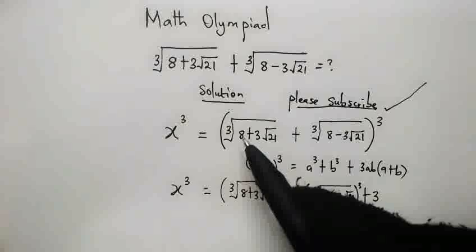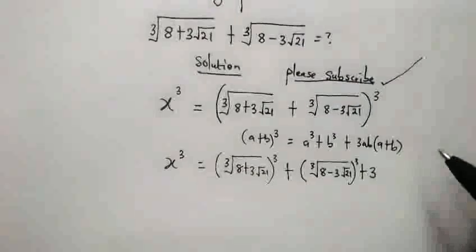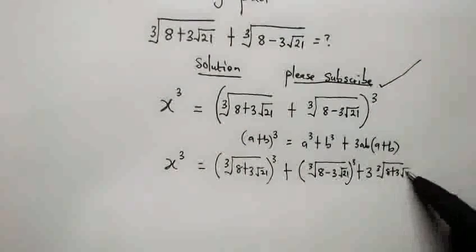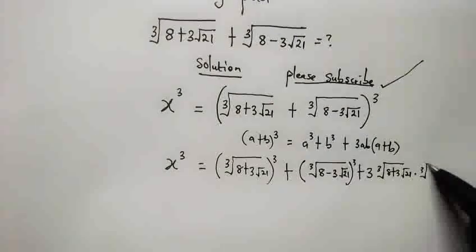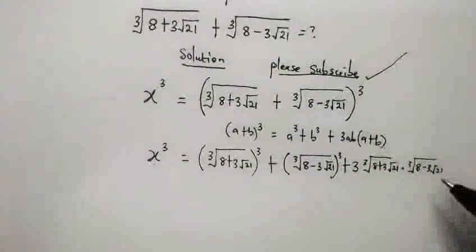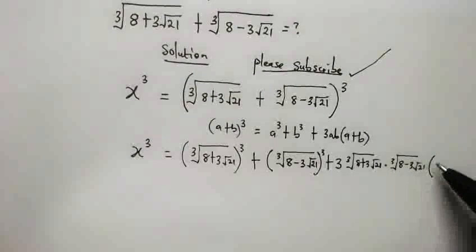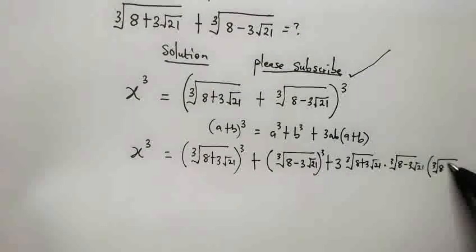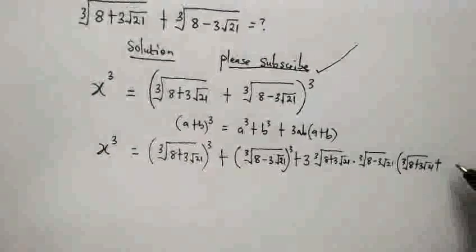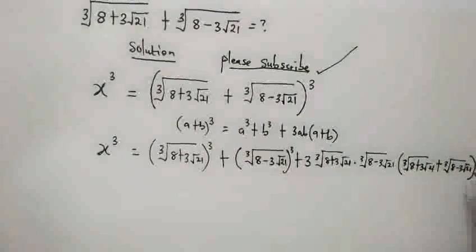So that is going to be the cube root of this times the cube root of this, right? So here we're going to have the cube root of 8 plus 3 root 21 times the cube root of 8 minus 3 root 21. So here we have, then open bracket, a plus b, which is the same as the cube root of 8 plus 3 root 21 plus the cube root of 8 minus 3 root 21, close brackets.